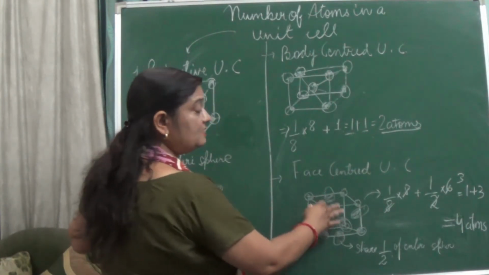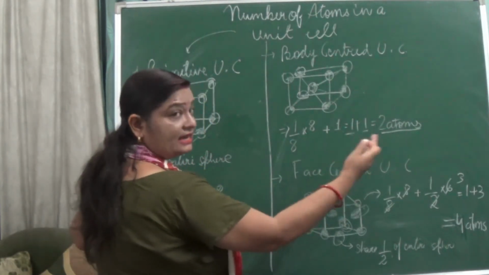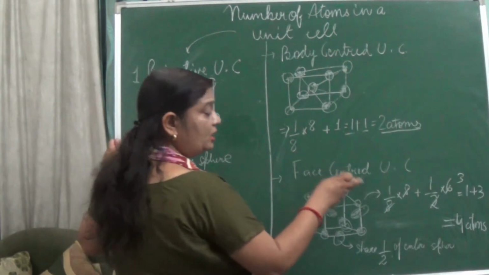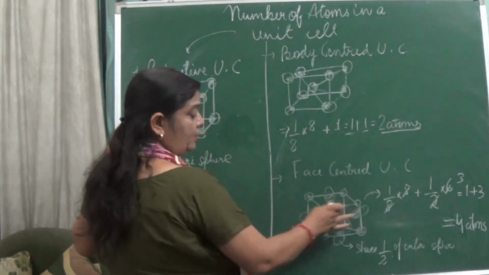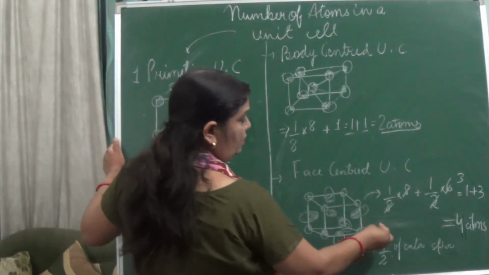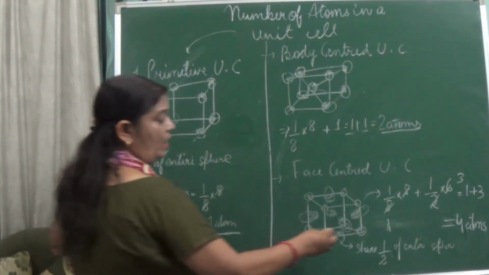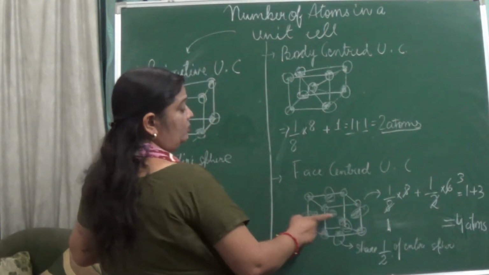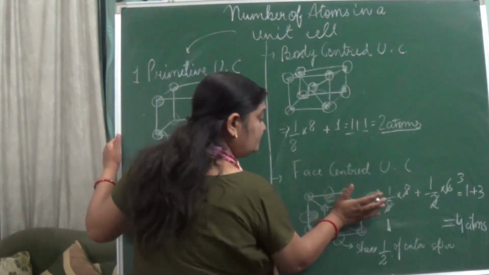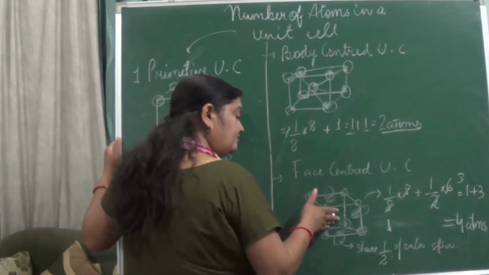As a result, half portion will remain for this unit cell and the rest will go to the one it is joining. It also consists of the primitive unit cell, and how much does that consist of? That is 1, isn't it? Here we calculated earlier, only 1. And when we talk about the face centered, there are 6, but it is sharing with other unit cells also. So only half of the atom will be represented in this face centered.